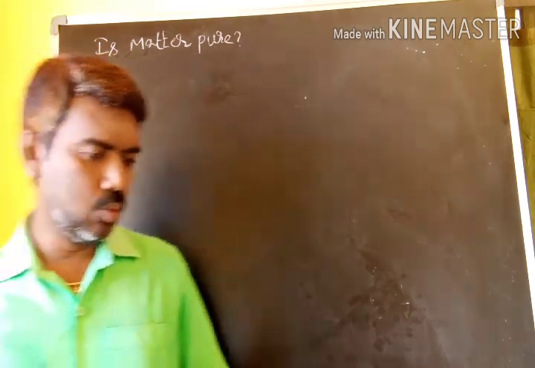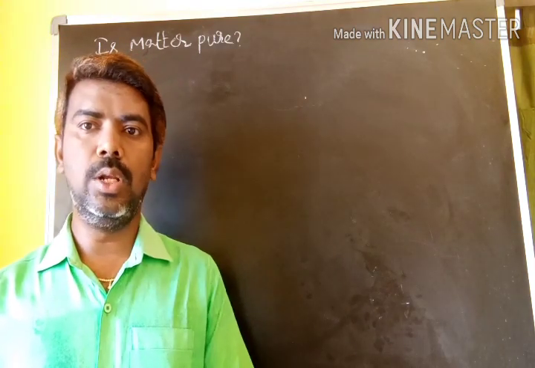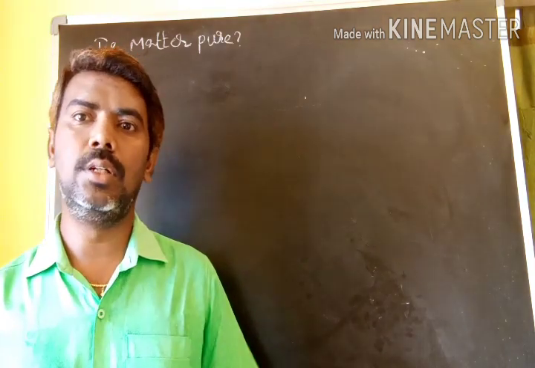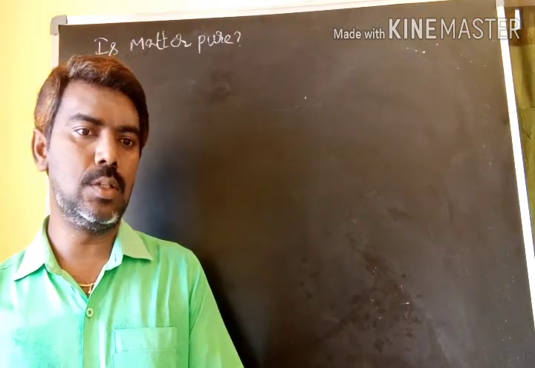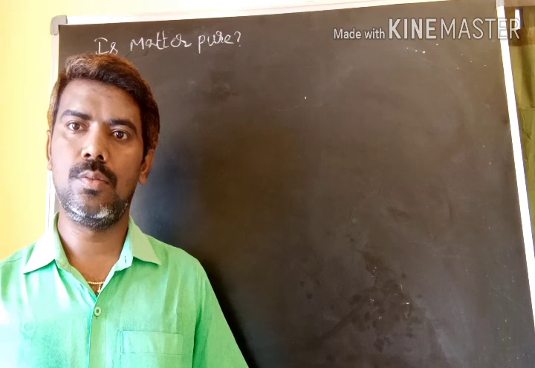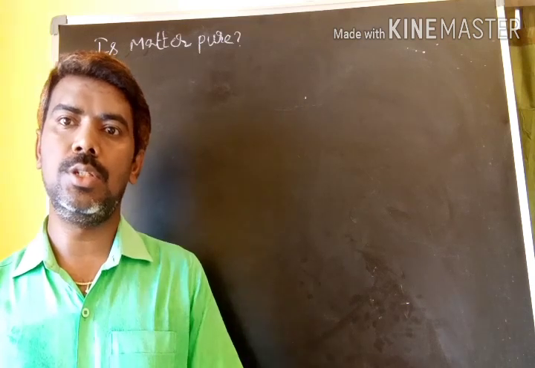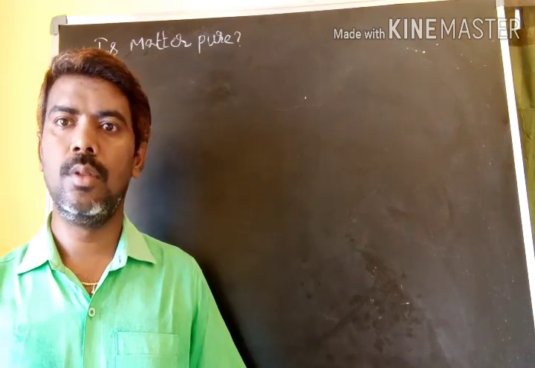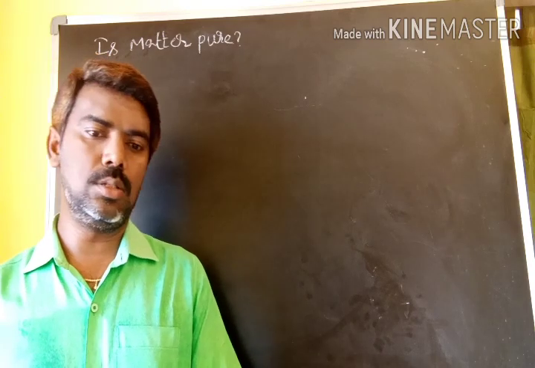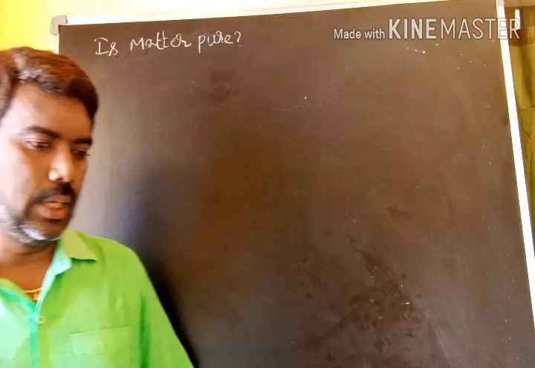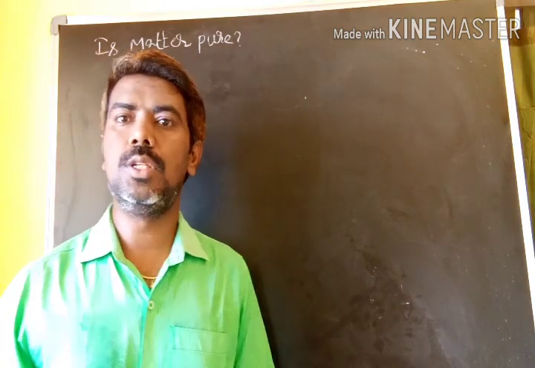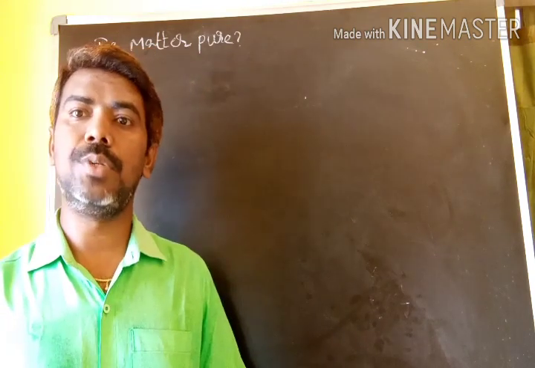The water we drink is also an example of a mixture, because it consists of certain dissolved salts, or even purified water consists of some minerals. Next, blood is a combination of several types of substances.